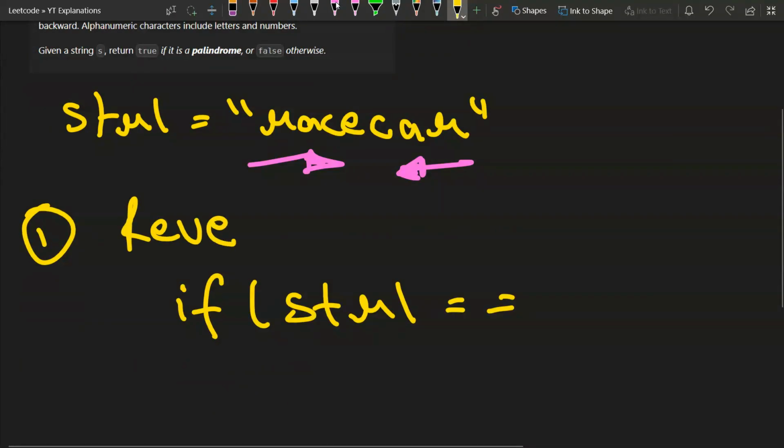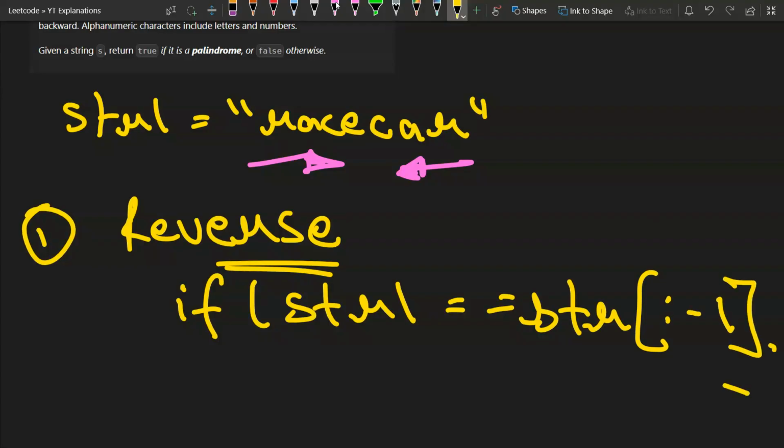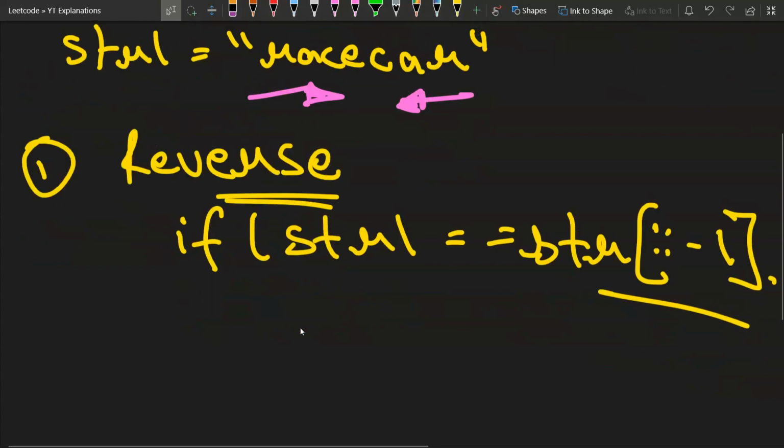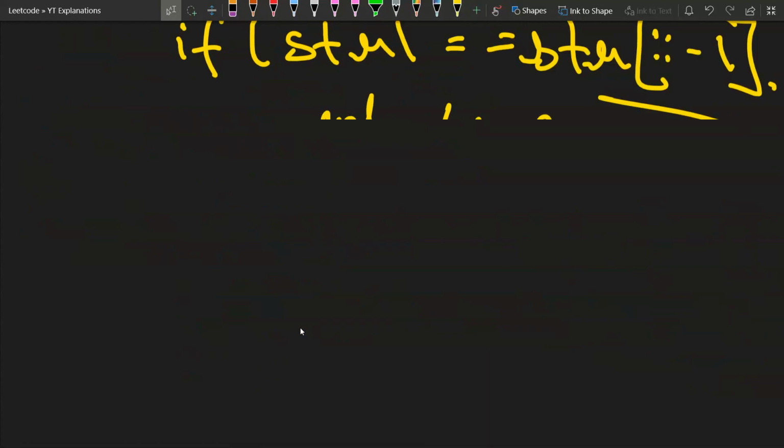I've been doing a lot of sorting questions, so it comes to my mind. So we just reverse the string. In Python we can just do this, [::-1], and it reverses the string. If the string and the reverse of the string are the same, then we return true.